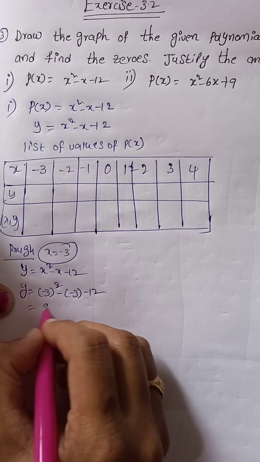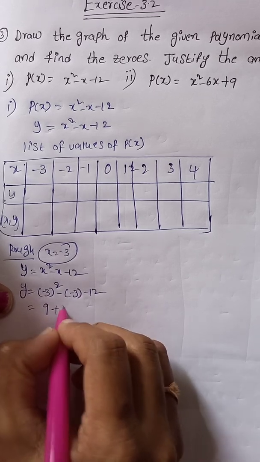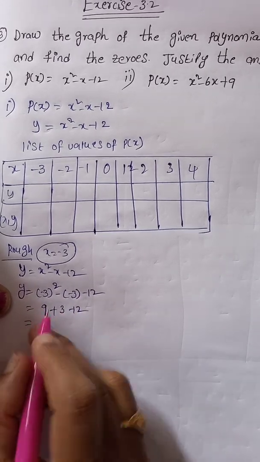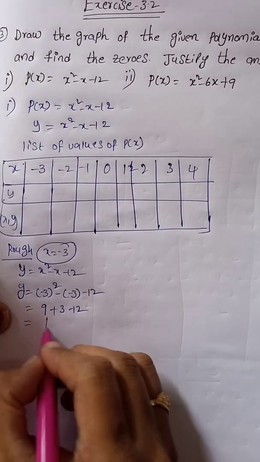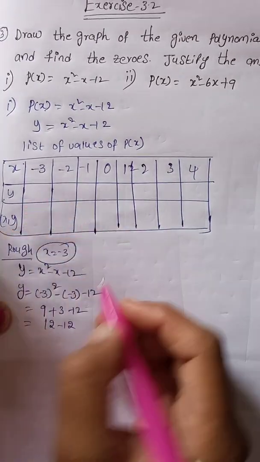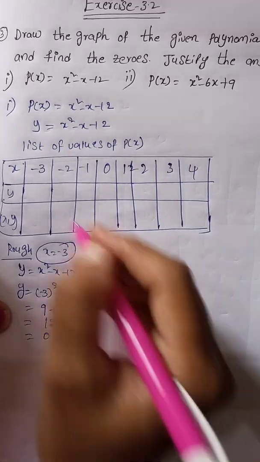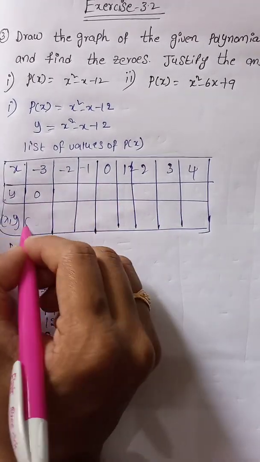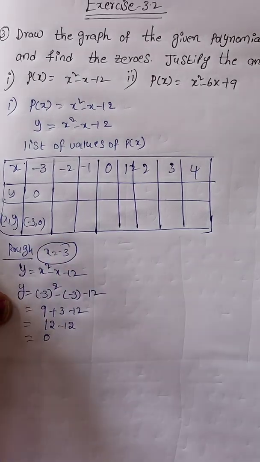Minus 3 whole square is 9. Minus into minus is plus 3, minus 12. 9 plus 3 is 12, 12 minus 12 is 0. So the y value is 0: minus 3 comma 0.